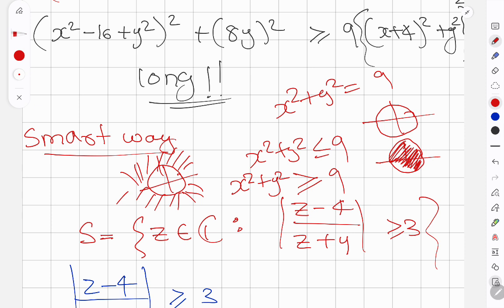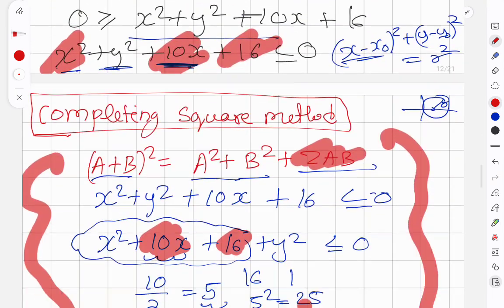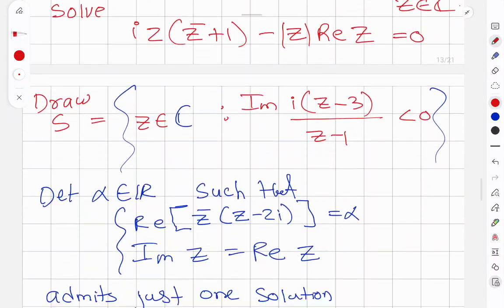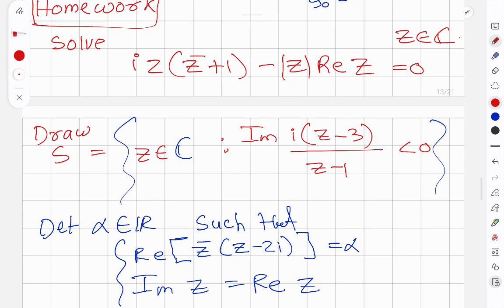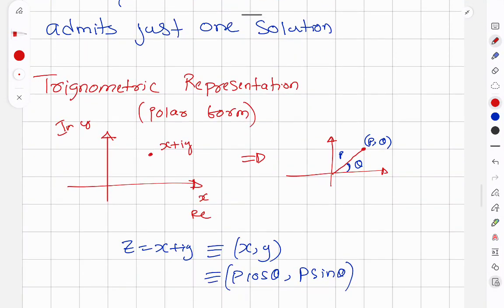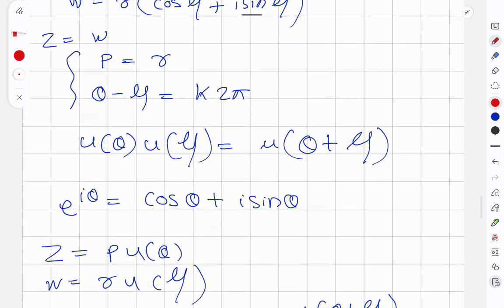So today we did some exam questions and some concepts. I have some homework; these equations are very easy to solve. The next part of this chapter is the trigonometric representation.